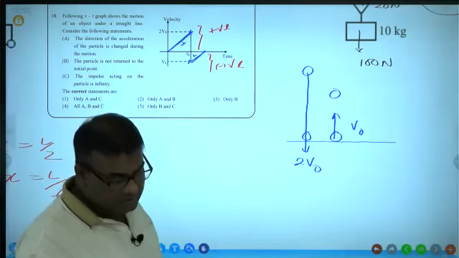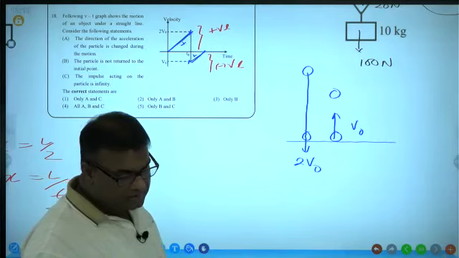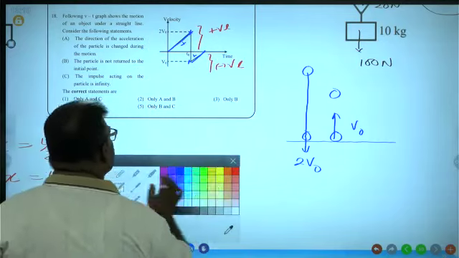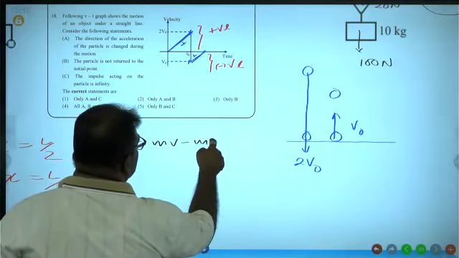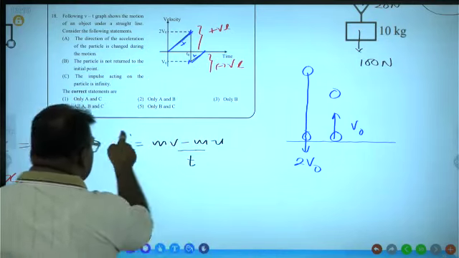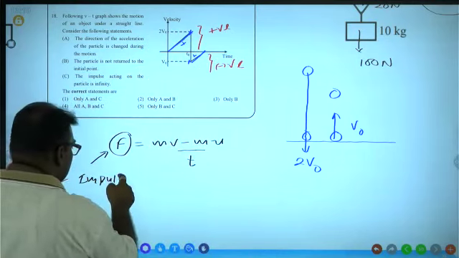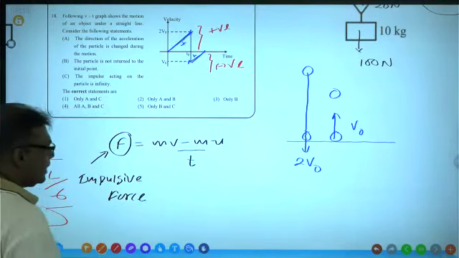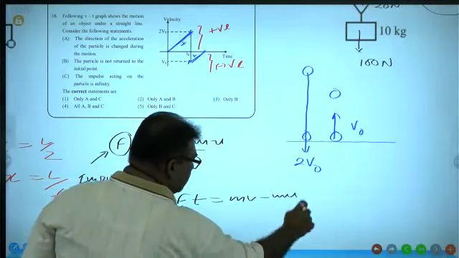Then the statement is correct. See, the impulse acting on the particle is infinity. The impulse is this one, right? Impulsive force is F equals mv minus mu over t. Impulse is this one, the change of momentum, right?